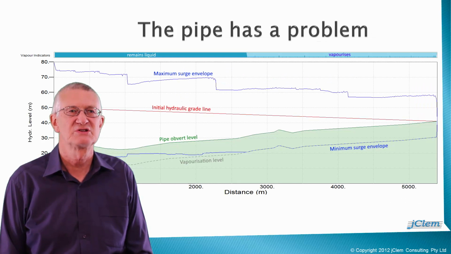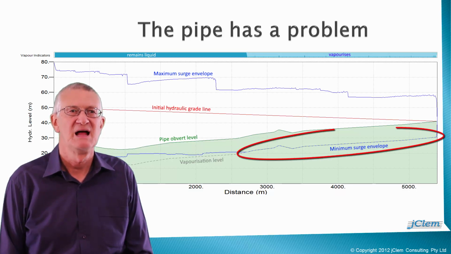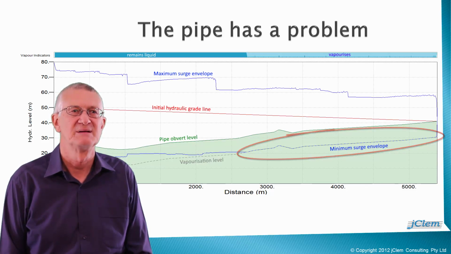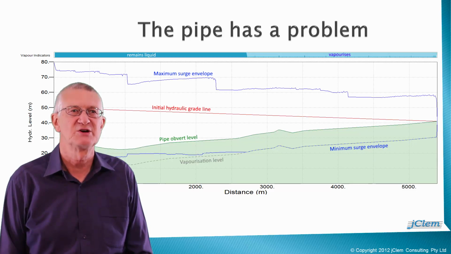So continues the story. The pipe's biggest problem is low heads, created each time the pump stops under automatic control. The downsurge will cause the wastewater to vaporize in the downstream half of the pressure main. Maximum surge heads are not a problem, falling well within the pipe's pressure class.